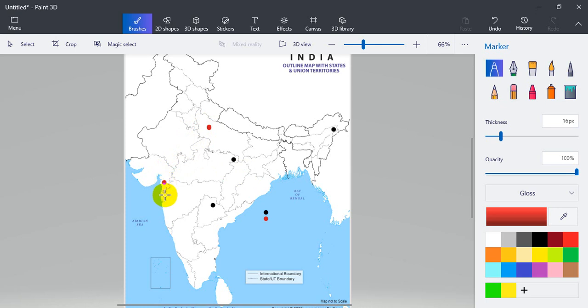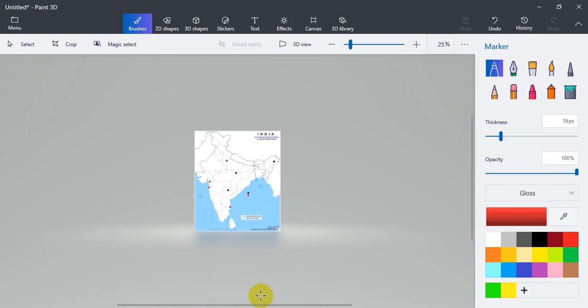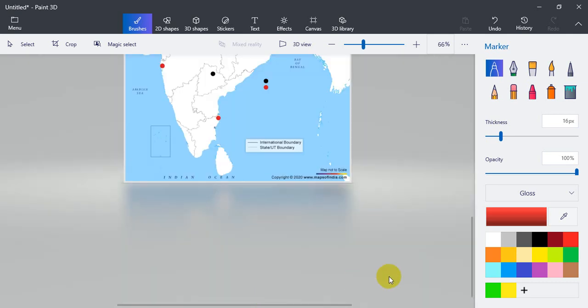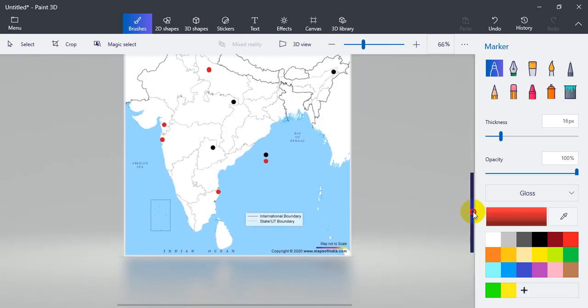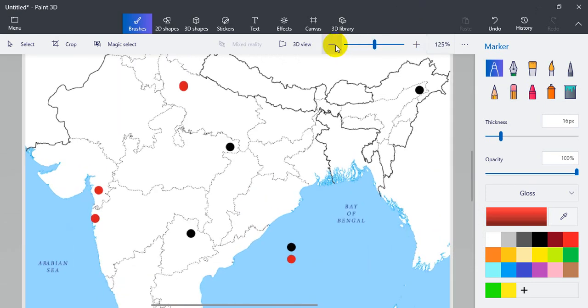Then just below that, at the edge of Maharashtra, this part is Tarapur, and lastly in this part of Tamil Nadu, that is Kalpakkam.